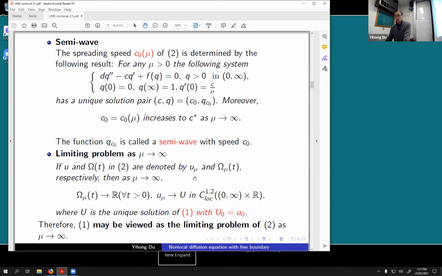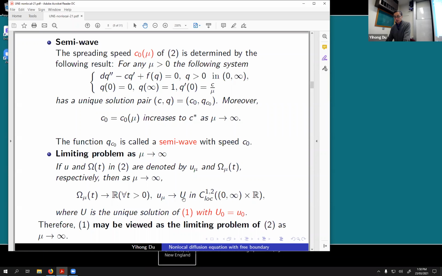So if we let mu go to infinity, the solution and the population range have a limit. So the population range goes to R for any finite t, actually uniformly for any bounded set of t.